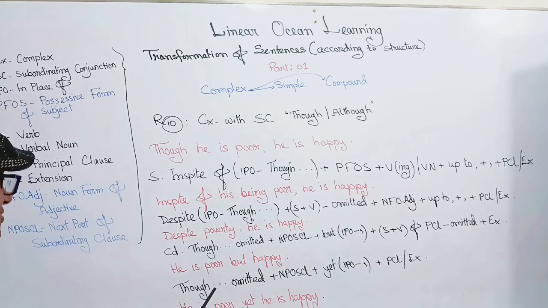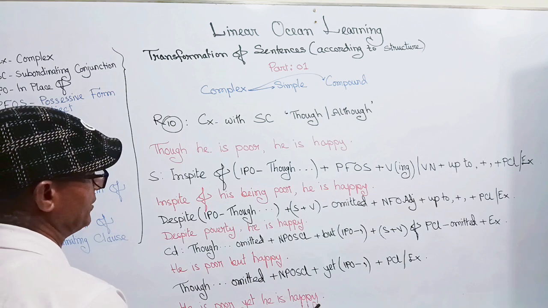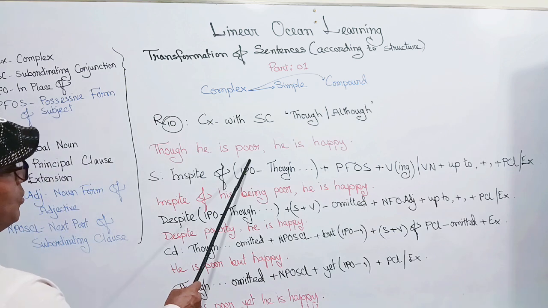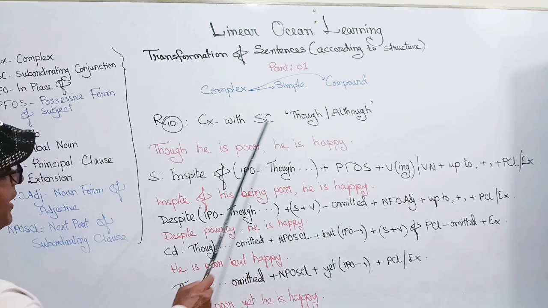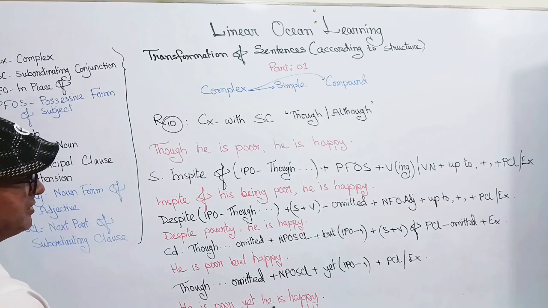So if we follow the structure, he is poor yet he is happy. In place of but we are just getting yet, and all the words of the principal clause will remain the same. Though he is poor, he is happy. We can make it compound either by this way, he is poor but happy, or he is poor yet he is happy.